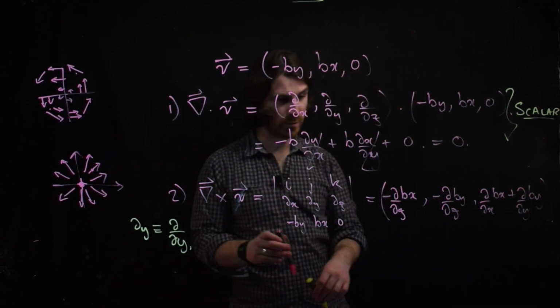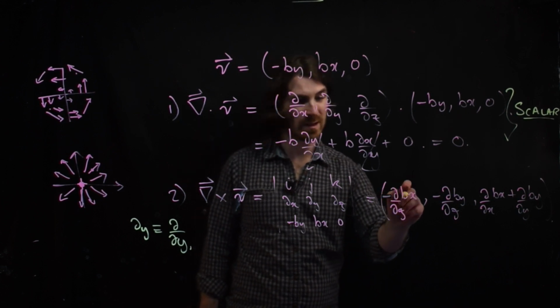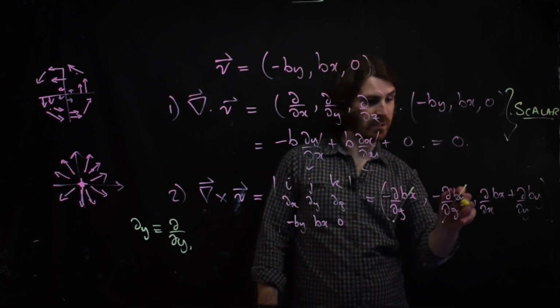Now if you look closely, b is a constant, remember? So dx/dz is 0, dy/dz is 0.